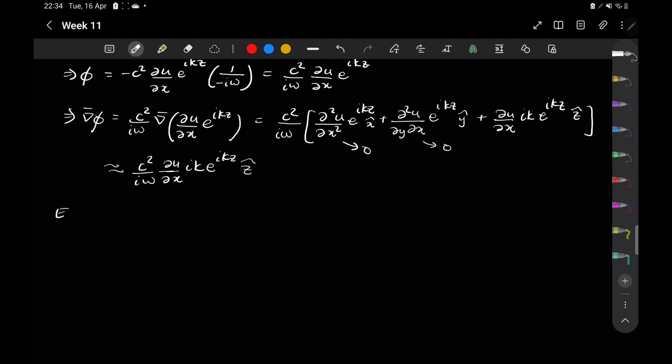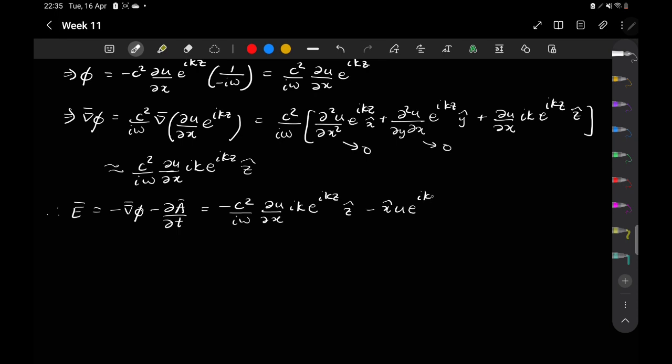Now the electric field vector is given as follows. Now we know that c is omega over k.